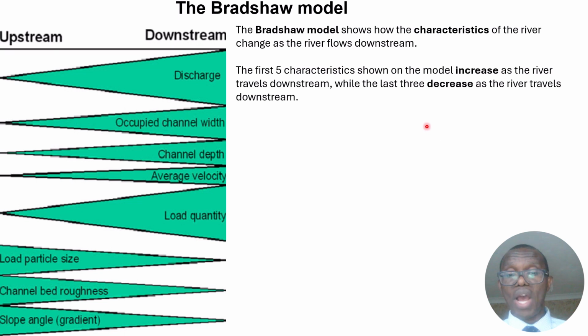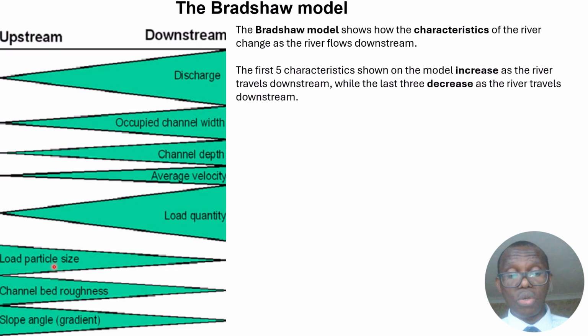Now we also have the last three here, characteristics that decrease as the river travels downstream. And that will be the load particle size, for example. So upstream here, it will be a lot bigger. So we know that the material that is likely to be flowing from the upper course is likely to be a lot bigger because it has not been through the processes of attrition, for example, and abrasion and so on.